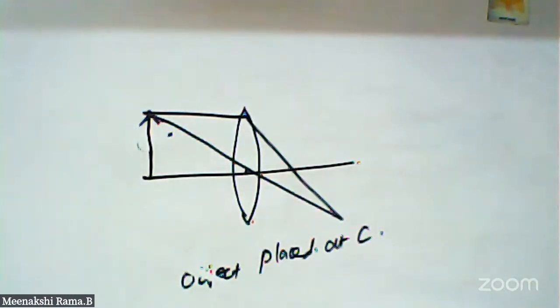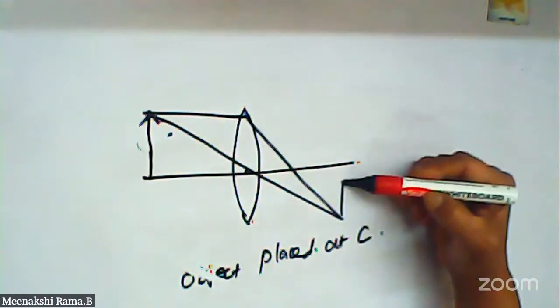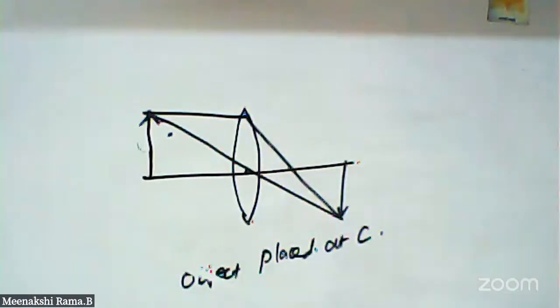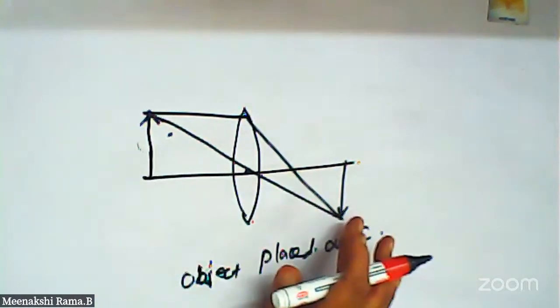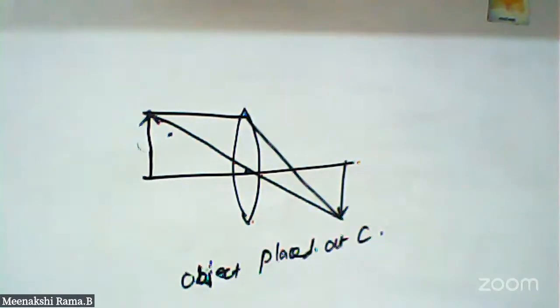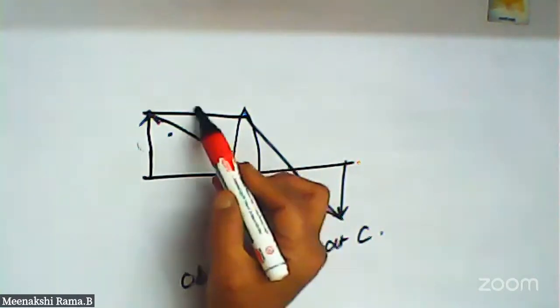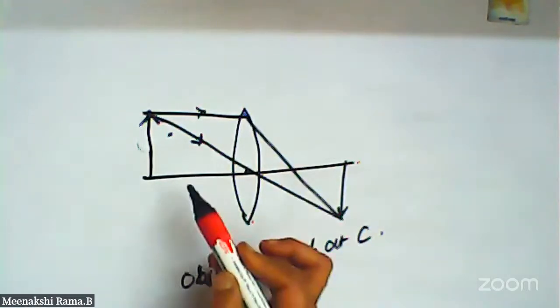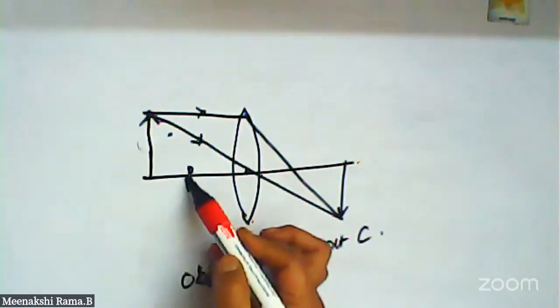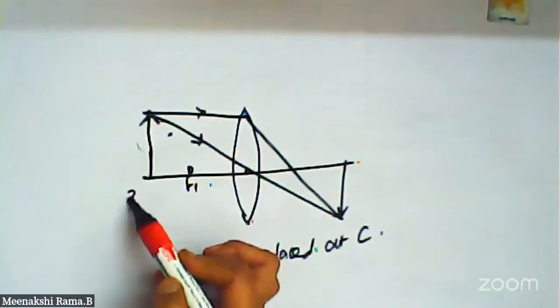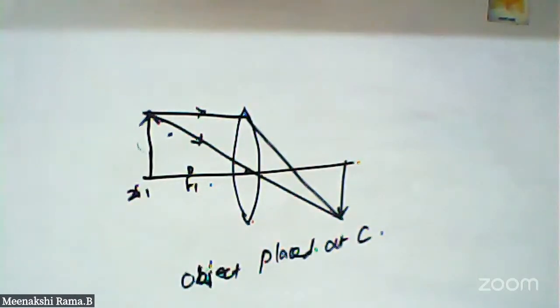Yes, the image is an inverted image. When we keep the object at the place of C, the inverted image occurs in this area. So the light is passed through here. This point is F1. This is 2F1, like that, F2.